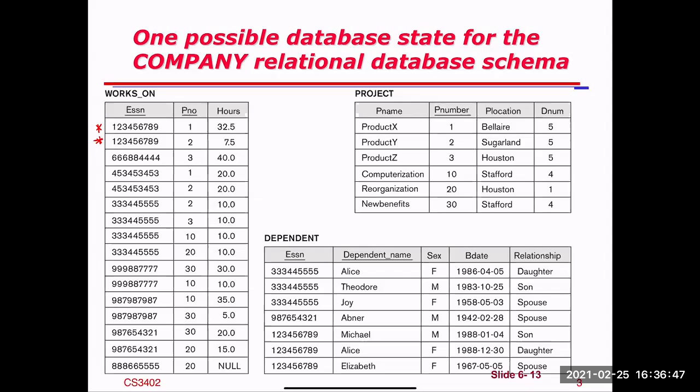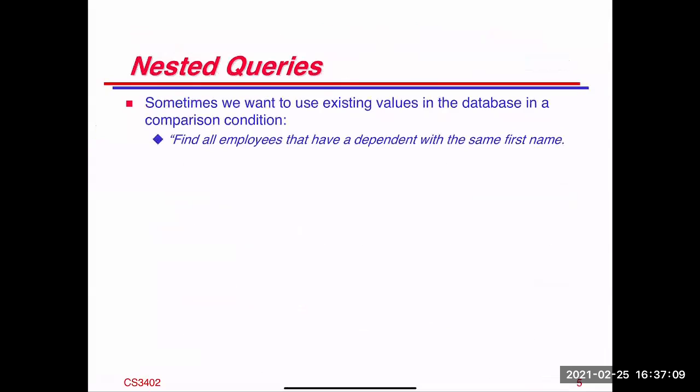So you can see that this is not what we want, right? Because what we wanted was to get the social security number of all employees that are working on the same project as the employee with that social security number. But now I just got these two tuples, which are the ones that he's working on. So that is not the answer that I want.